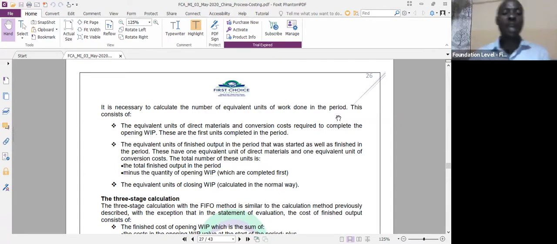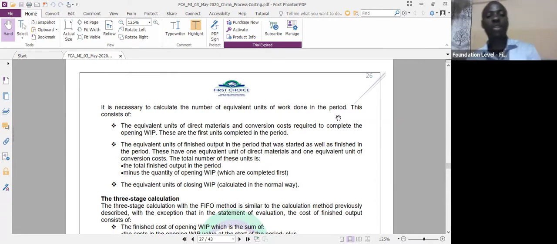Then the total finished output in the period. The total finished output in the period would have been what was started last period, brought into this period and completed, plus what we started this period and complete this period.